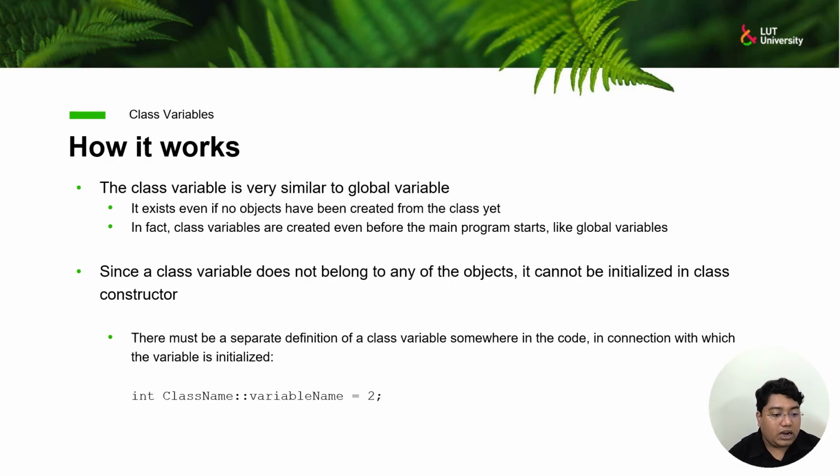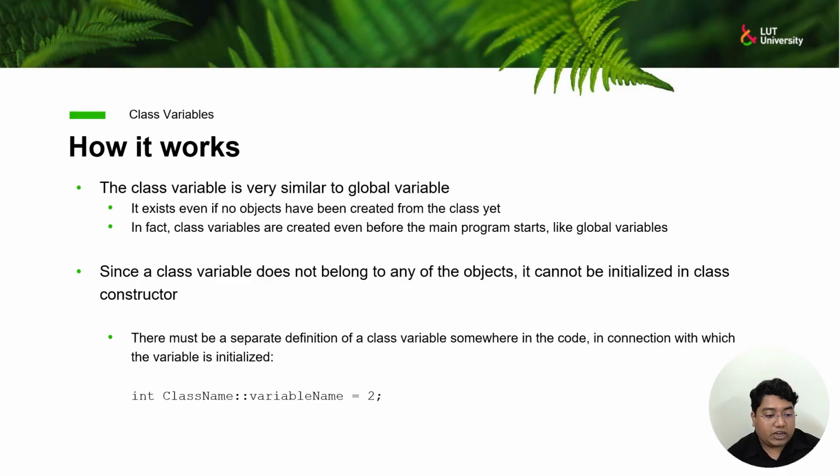Instead, we declare the variable inside the class and then we define it exactly once outside the class. So, the definition looks something like this. Notice the syntax carefully. We write the type first, then the class name, followed by the scope resolution operator, and finally the variable name.